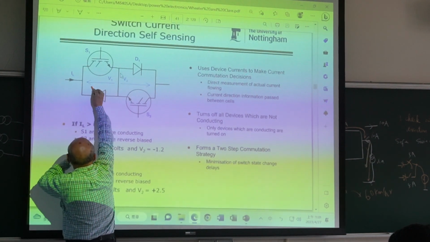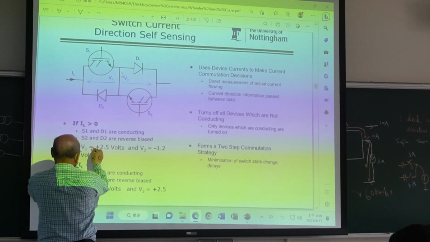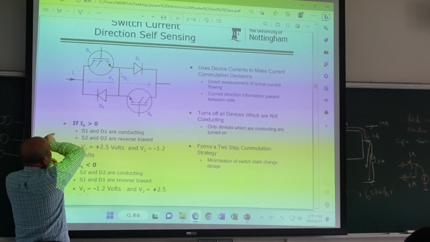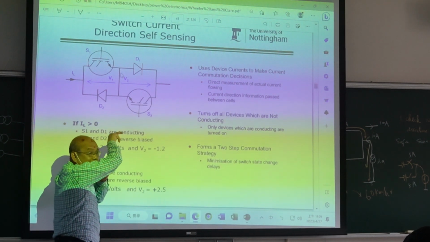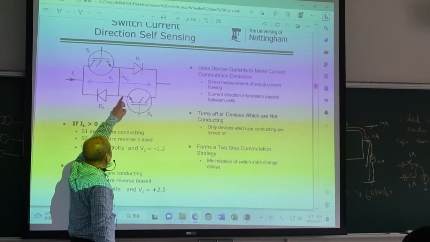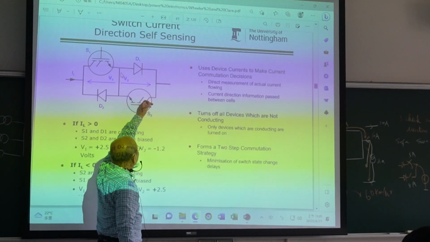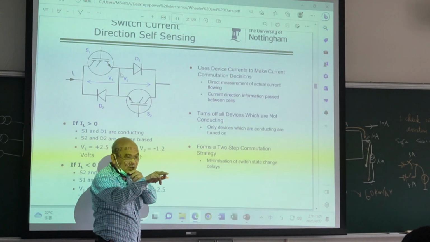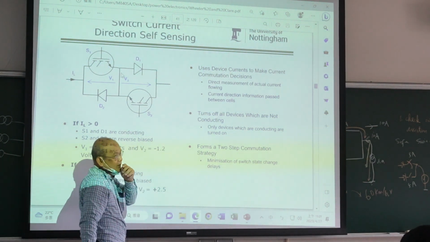This is ground, so 2.5 plus and 1.2 minus. Then we know when to go this way, right? Because this is 2.5, this is minus 1.2, it should go this way. Then we know the current is positive, okay?